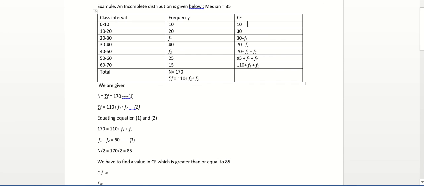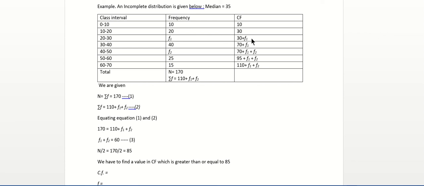Now I will see from here. We do not have exact values here. We have F1 and F2 given to us. A value greater than or equal to 85 could be 70 plus F1, but we cannot take this value, because by summing up F1 we may get a value which is quite huge.